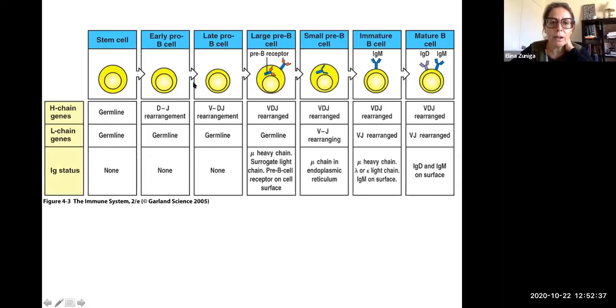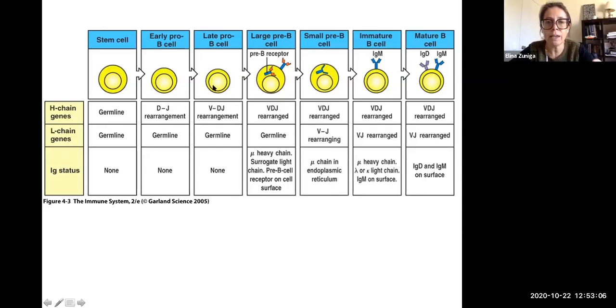In the early pro-B cell, the first stage, the first rearrangement starts occurring because there is induction of the expression of the RAG proteins, which are essential for these rearrangements of the immunoglobulin. They will first start the rearrangement of D and J segments. So a D and J from the heavy chain locus will be brought together.